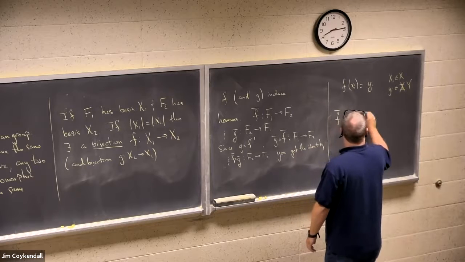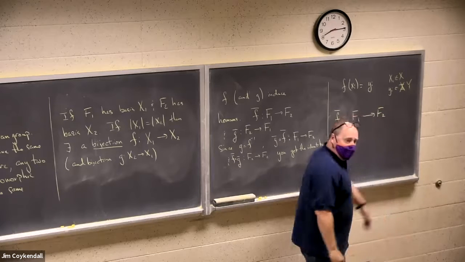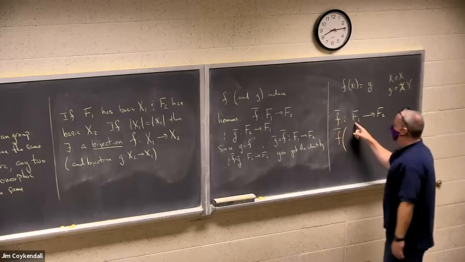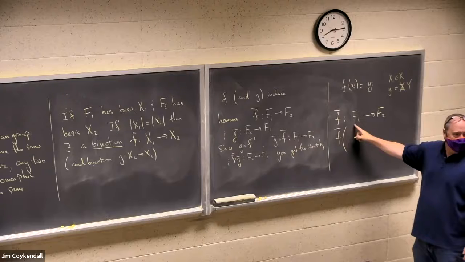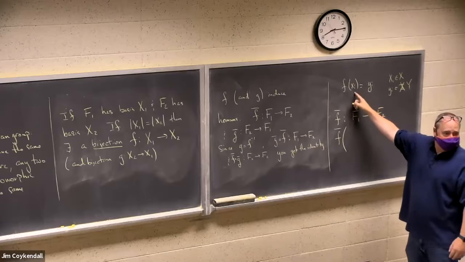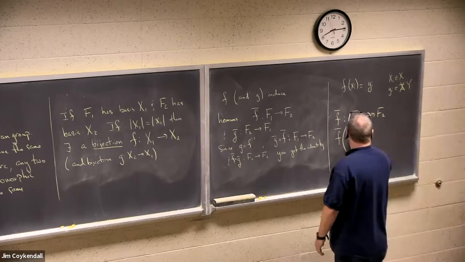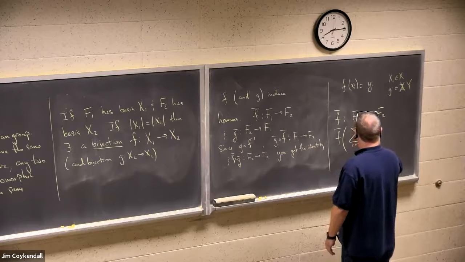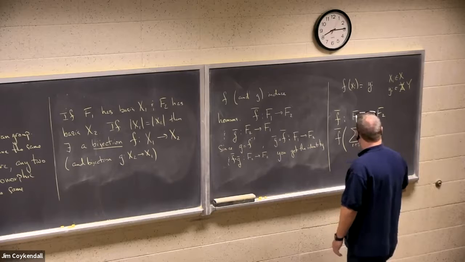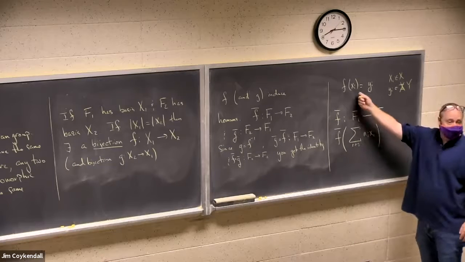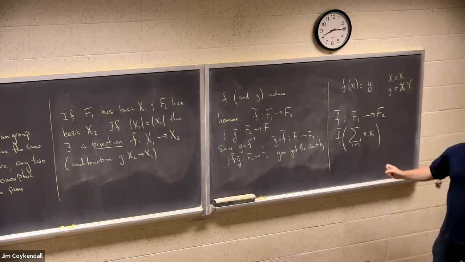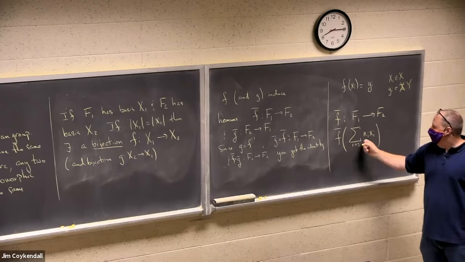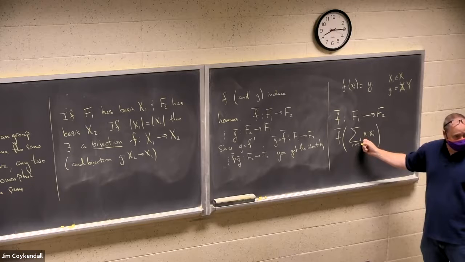from F1 to F2. And how does it work? Take your typical element of the free group. It's a linear combination of basis elements, and let me write this out dramatically. Before you panic too much, remember this is a direct sum, so all but finitely many of these n_i are zero.